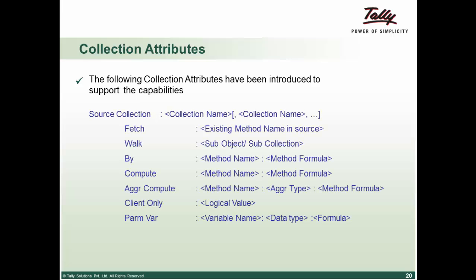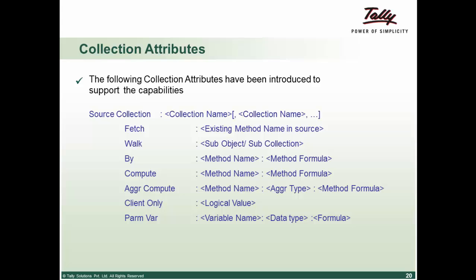Then we have the collection attributes. This is a sample of the attributes that get supported at my remote. Obviously, this also works on the server side, but it is more important on this client side, because what you fetch here, what you walk here, you do a by, you do a compute, you do an aggregate compute, only that data traverses to the remote.